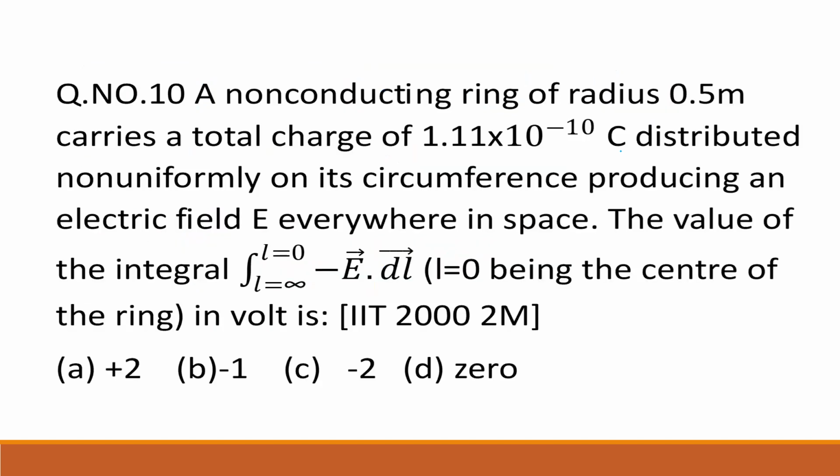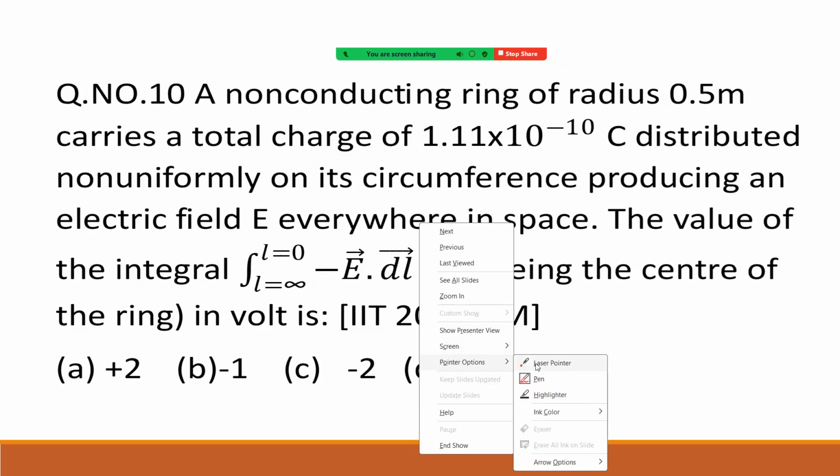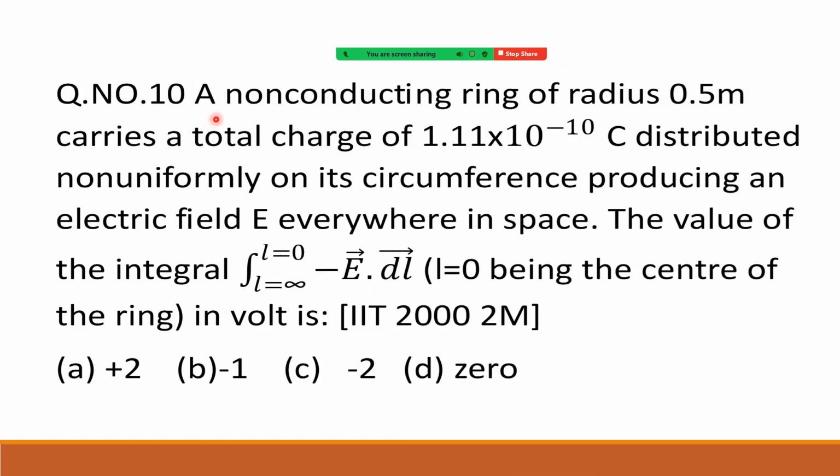See, first one. This is a previous IIT problem based on calculation of potential. Once the question is given: a non-conducting ring of radius half meter carries a total charge of 1.1 times 10 power minus 10 coulomb distributed non-uniformly on its circumference, producing an electric field E everywhere in the space.